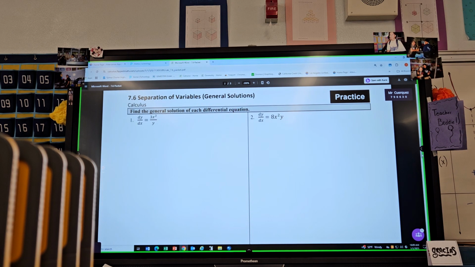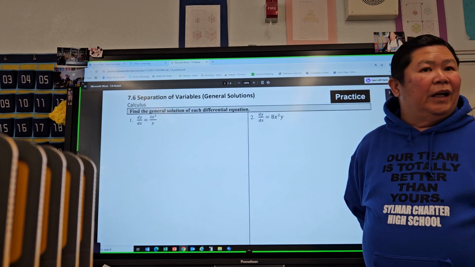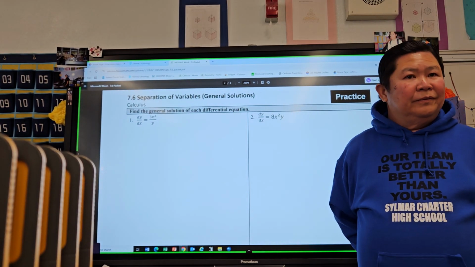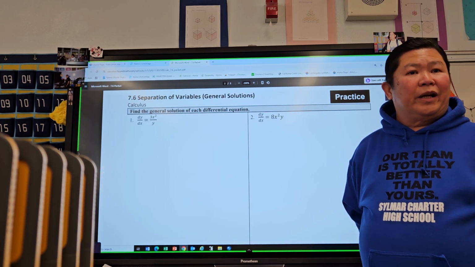So what to do for number 1? What do you think we do, Tyler, for number 1? Separate. Then how do we separate in that case? Multiply by y. Multiply by y, and what else? Or shall we do cross multiplication, right?